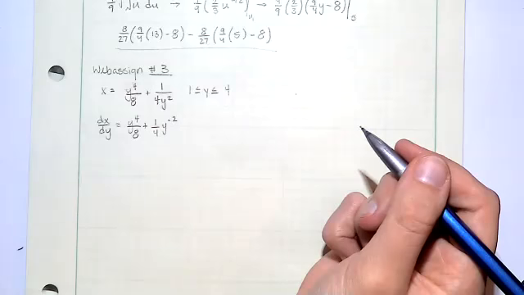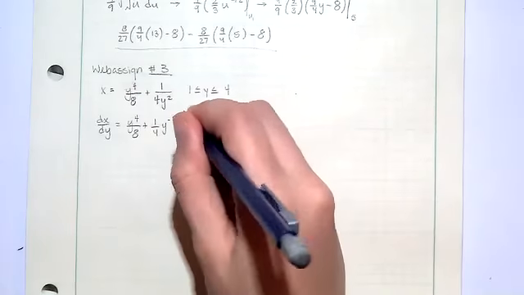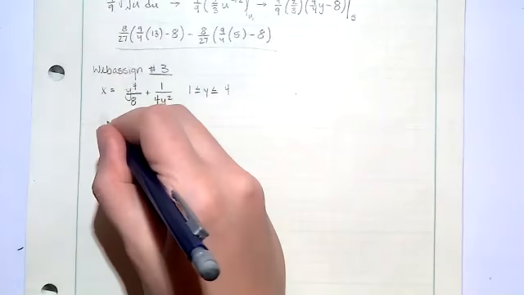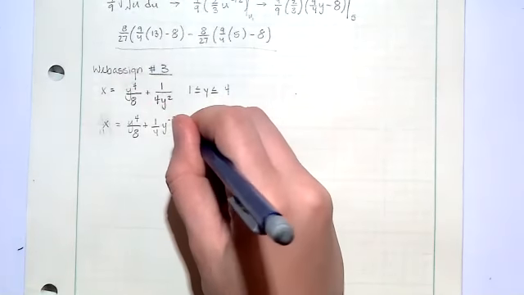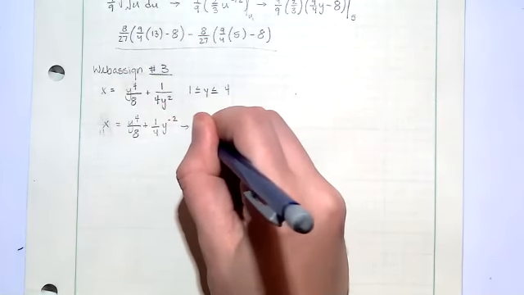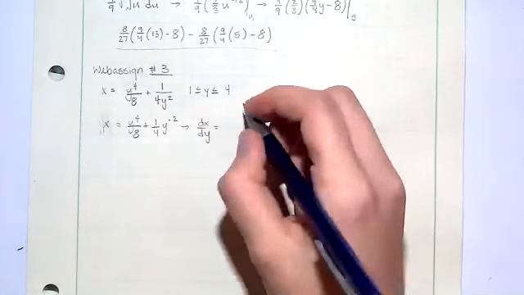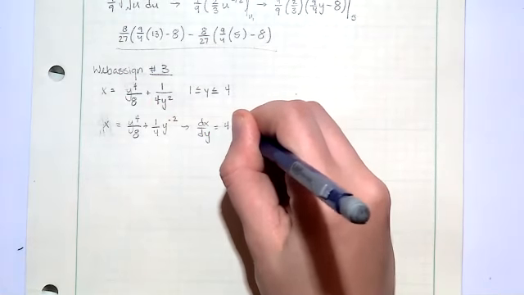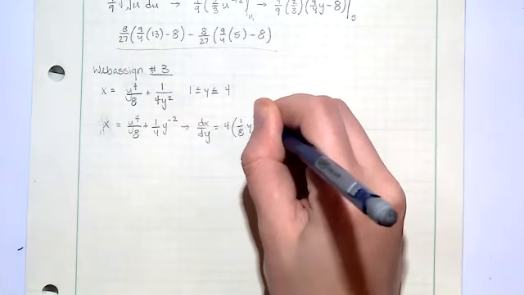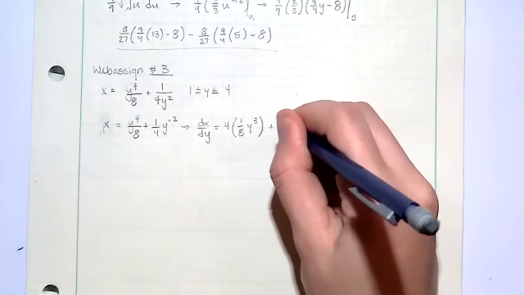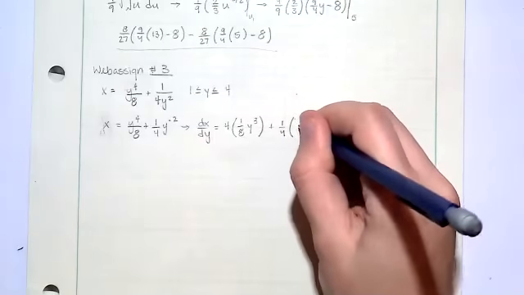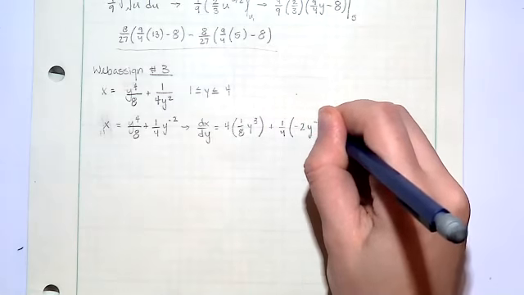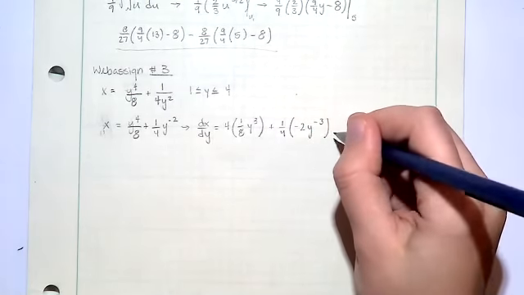And that'll be a little bit better. So then, actually that's not going to be our dx/dy. That's still going to be our x. And so in taking that dx/dy, it makes it a little bit easier. In this case, we'll have 4 times 1/8 y cubed, plus 1/4 times negative 2 times y to the negative 3.